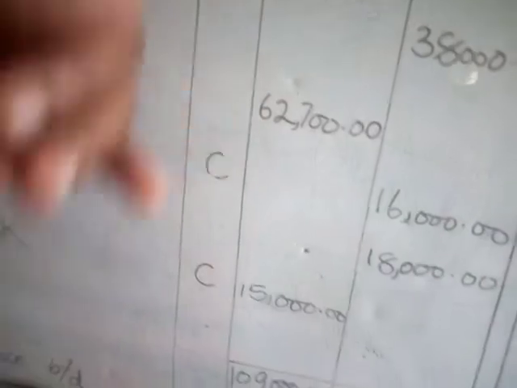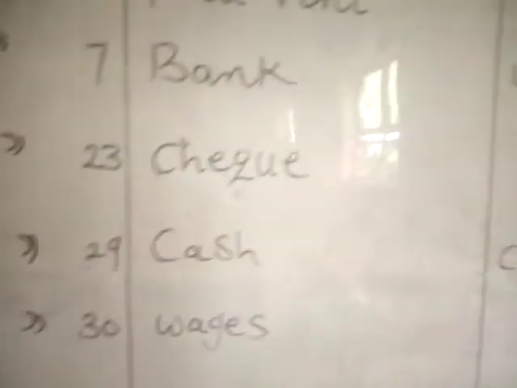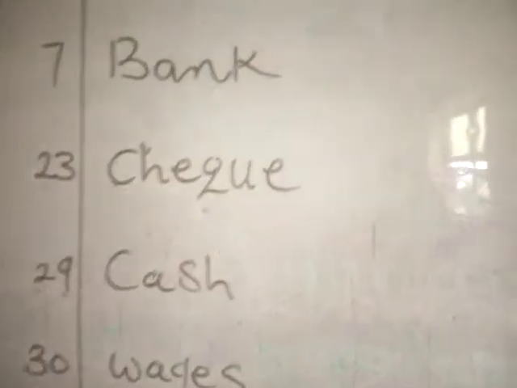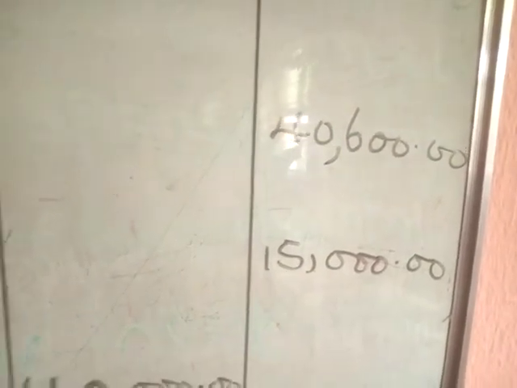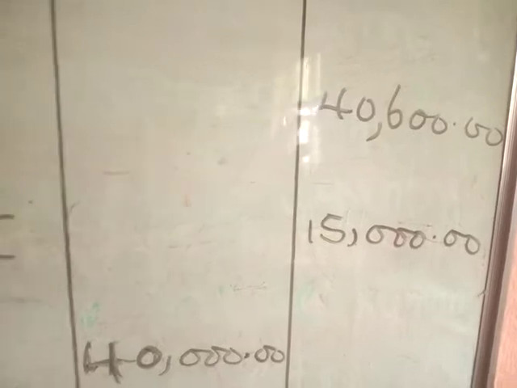And under the credit side of the account, we also have the 29th. Under the particular you write cash, the folio you put the contra, the word C, to indicate that it is a contra entry, and you credit the bank column.